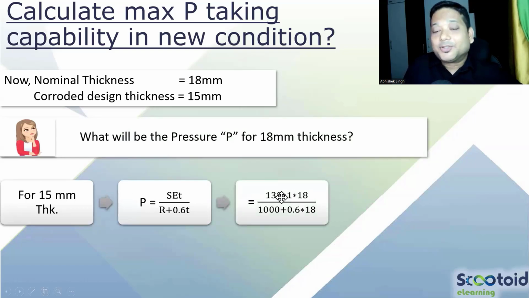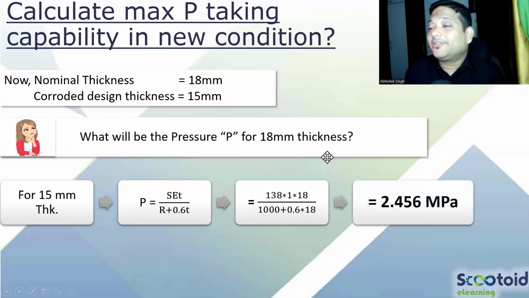So I have to use 18 thickness. Radius will be 1000. Allowable, here it is not changing at room temperature because the temperature of the design was not very high. Otherwise, the allowable also may change. So what value I'm getting is 2.456. So it's new condition.